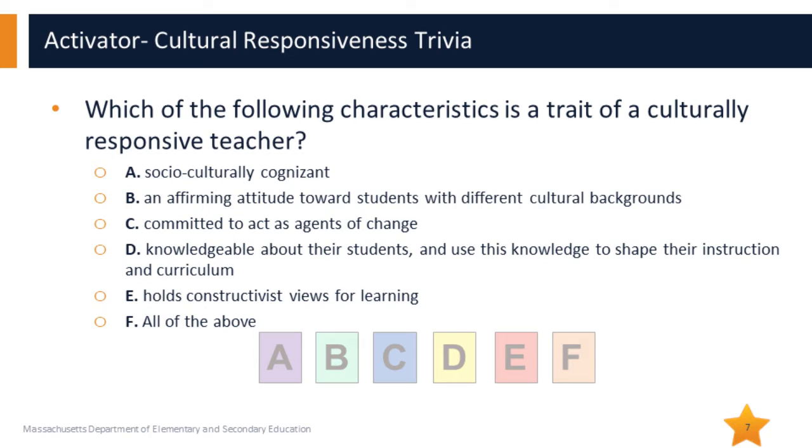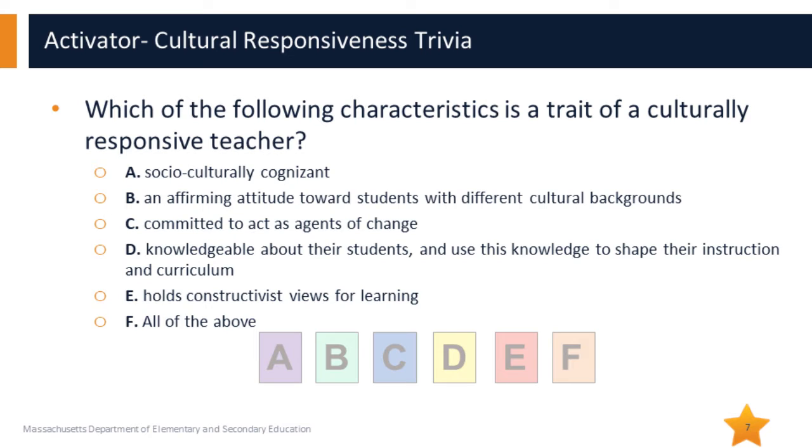First, a quick activator for you. We have some cultural responsiveness trivia here. Which of the following characteristics is a trait of a culturally responsive teacher? Is it A, socio-politically cognizant? B, an affirming attitude towards students with different cultural backgrounds. C, committed to act as an agent of change.